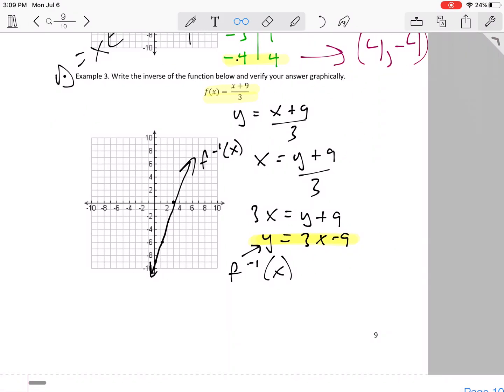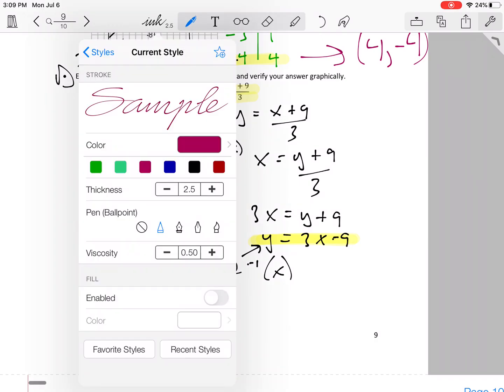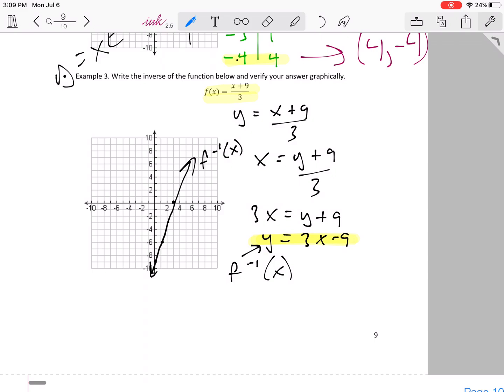And then the original one here, we've got (x + 9)/3. We can change that, this is the same thing as saying (1/3)x + 3. So again, that's just a straight line.